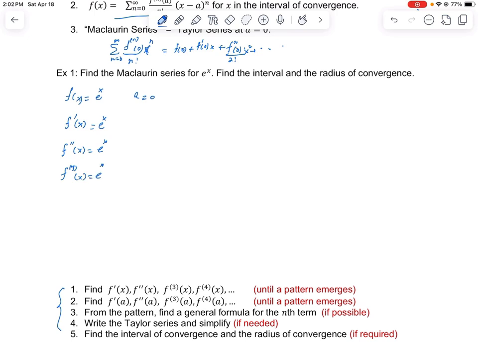Now I will evaluate them at 0. Normally I would just evaluate them in front of each value. So f of 0 will be e to the 0, which is 1. f prime of 0 will again be 1.